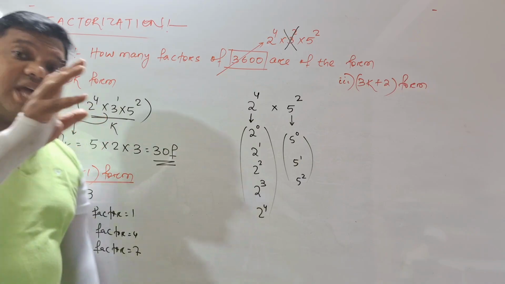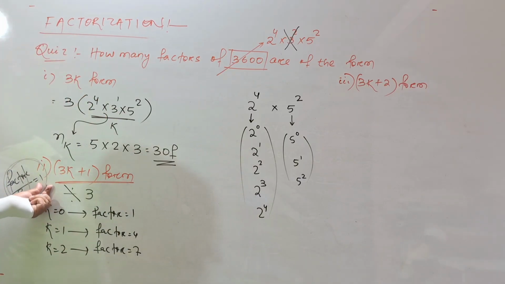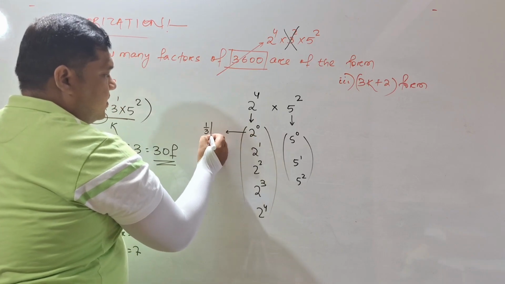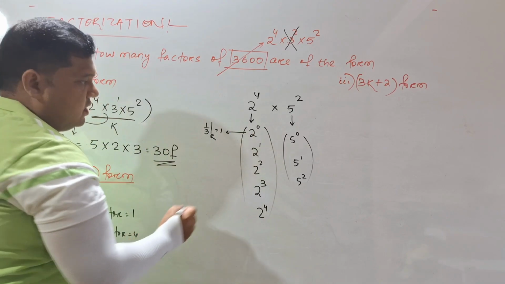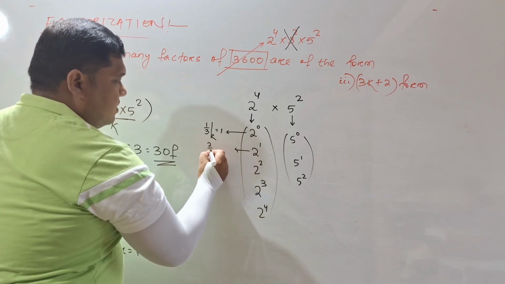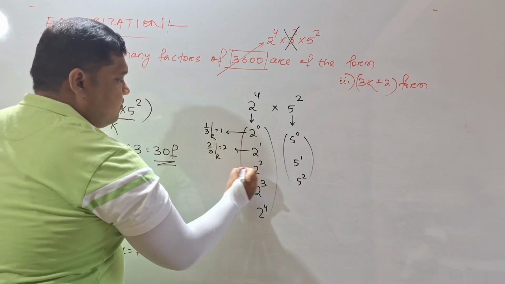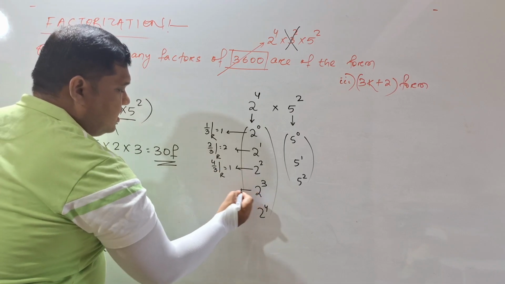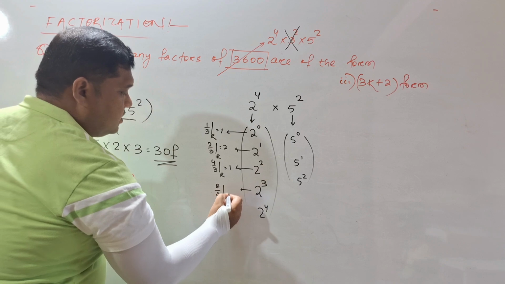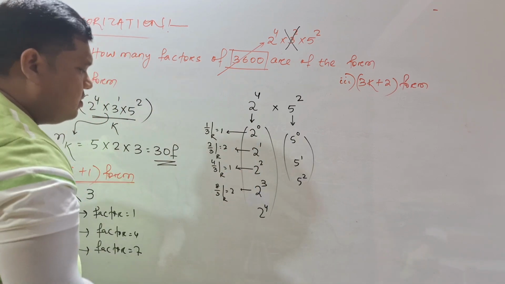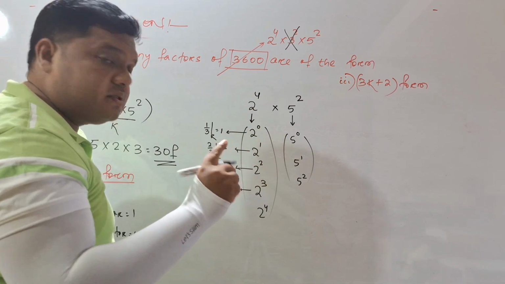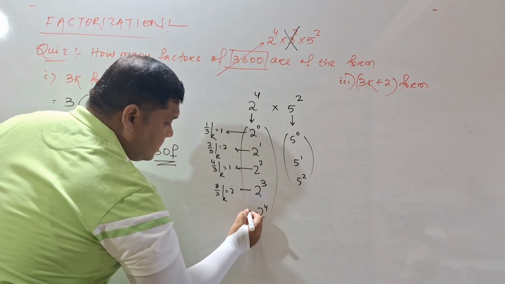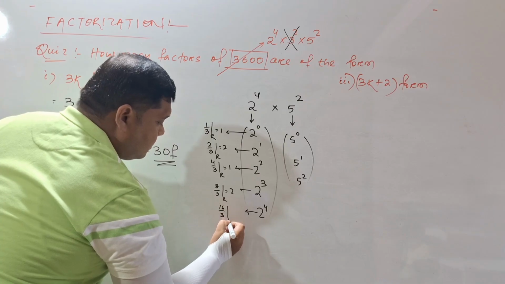Now the observation: I have to think about the combination which results in remainder 1. 1 by 3, remainder is 1. 2 by 3, remainder is 2. 4 by 3, remainder is 1. 8 by 3, remainder is 2; you can take minus 1 also, a negative remainder, but in the remainder theorem class I will discuss what a negative remainder is and why we use it. 16 by 3, remainder is 1.